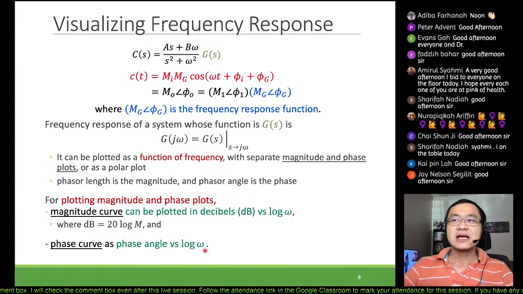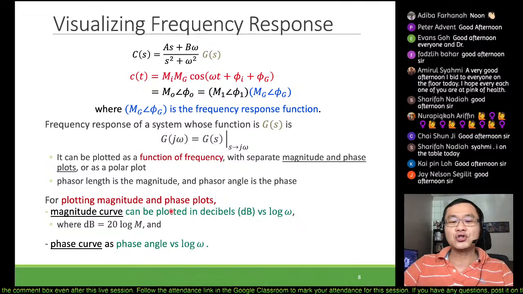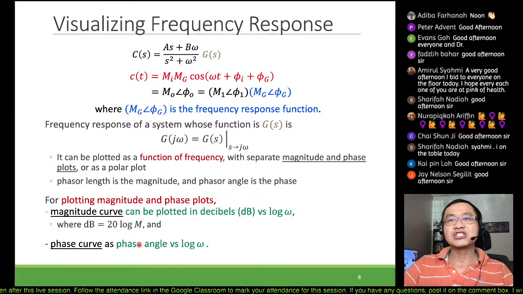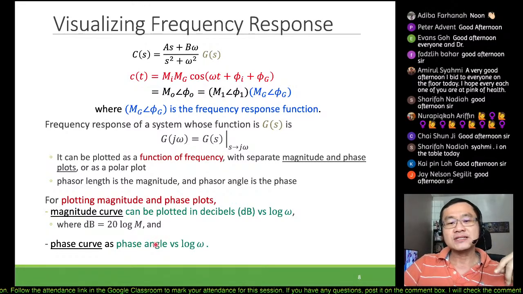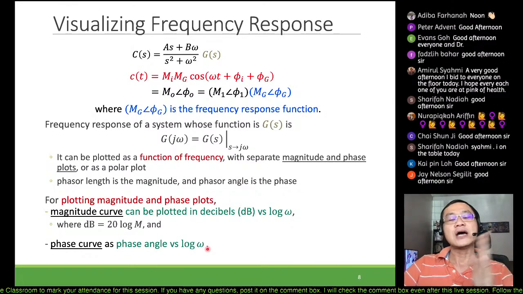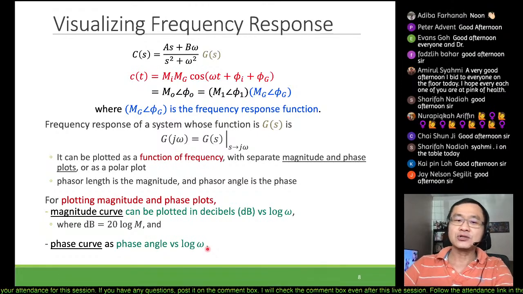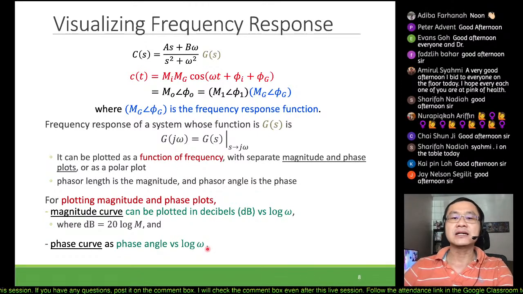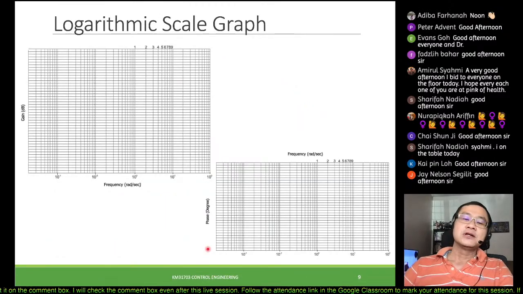So we want to see how the magnitude as well as the phase angle change when the frequency, which is omega, changes from low frequency to high frequency. That is our purpose in this frequency response technique.